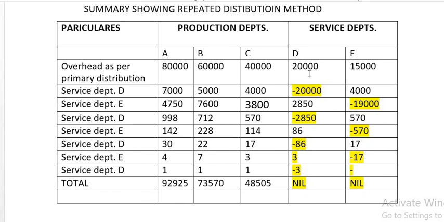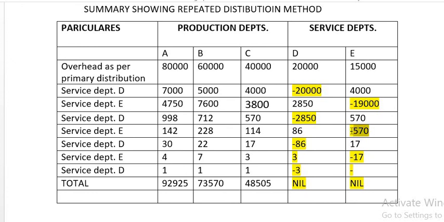Then we open service department D, which has 2,850. This 2,850 is reapportioned to all three production departments as well as the service department as per the given percentages: 998, 712, 570 and 570. Now we close service department D. Then we begin service department E, 570.